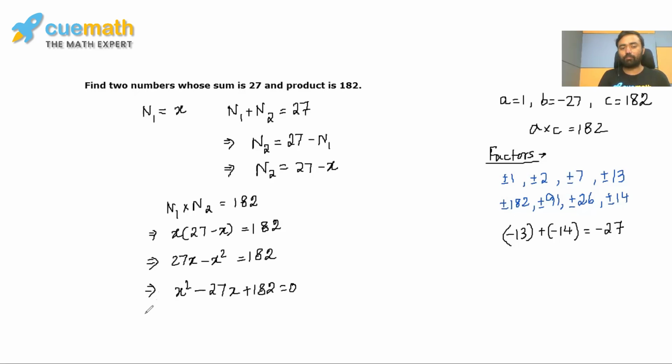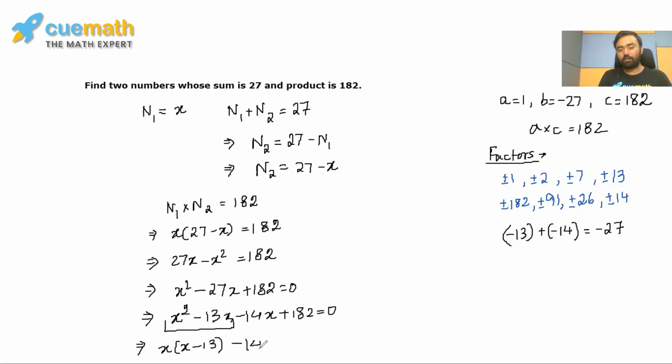So basically we'll replace this middle term. So x square is x square, and then minus 13x minus 14x plus 182 is equal to 0. We'll take the common factor between these two terms.